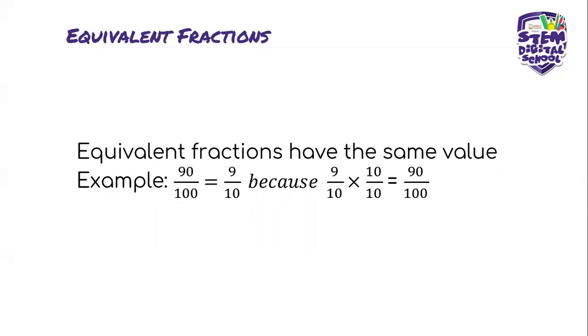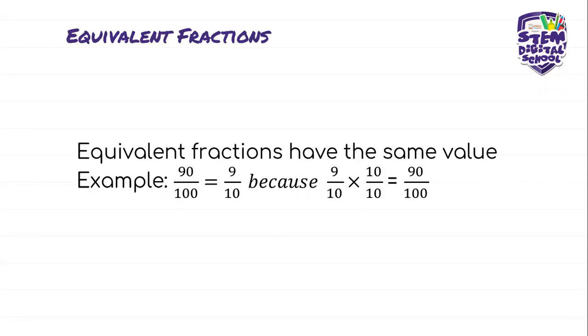We have equivalent fractions, and we define the equivalent fractions by talking about those fractions which have the same value. They may not look the same, but they will definitely have the same value. We have an example here of an equivalent fraction, 90 out of 100. And then you can see that this is equal to 9/10.